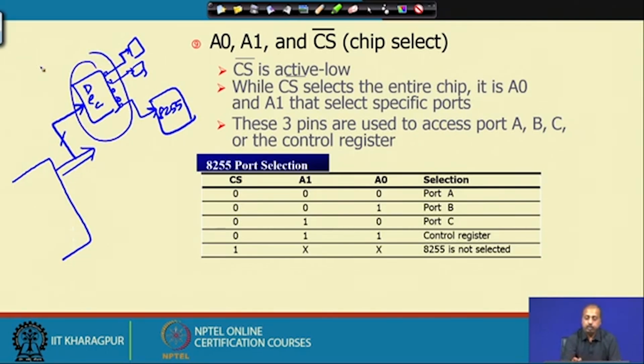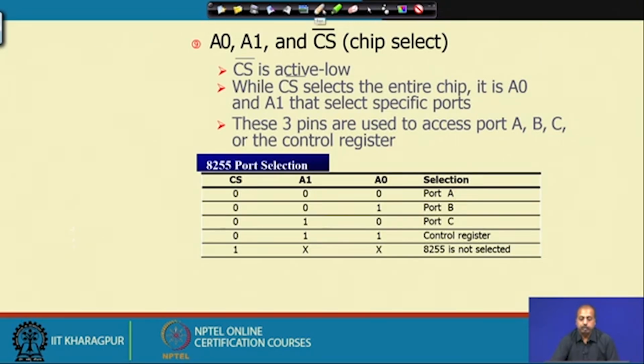However, A0 and A1 are the two bits that are to be set for selecting the registers within 8255. Within 8255 we have 4 main registers. One is the control register and the rest are the different port registers.